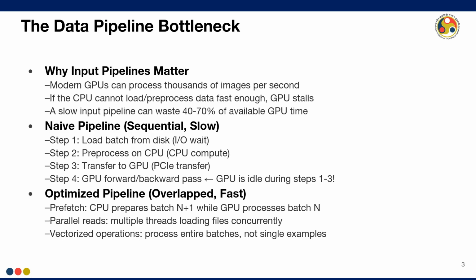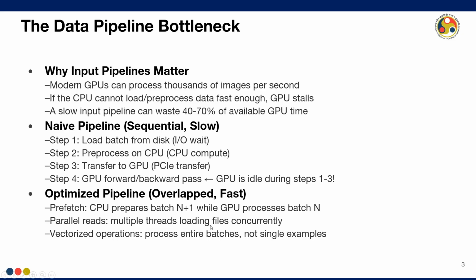An optimized way to do it is prefetching, right? We have talked about prefetching in PyTorch, where the CPU prepares one or two batches ahead, so the GPU does not need to wait, because it can overlap the pre-processing and the GPU forward pass.